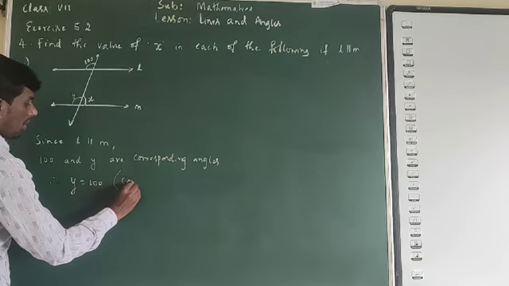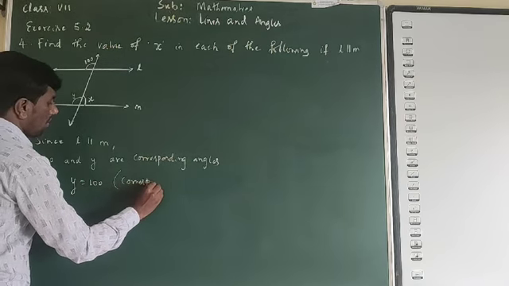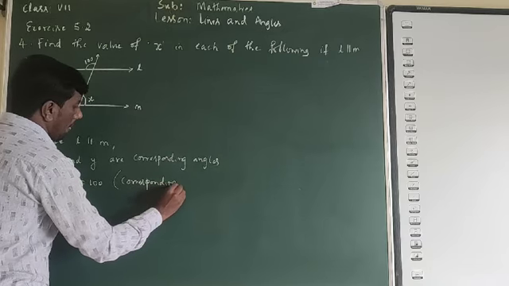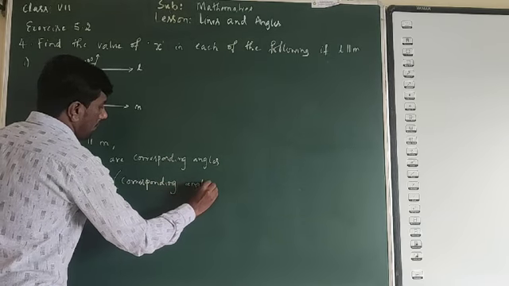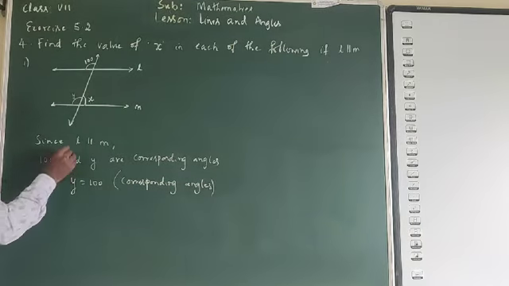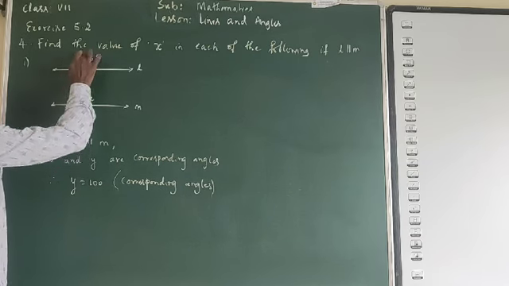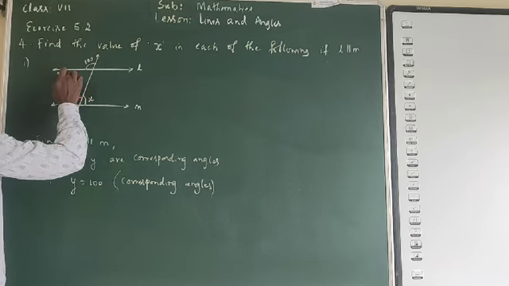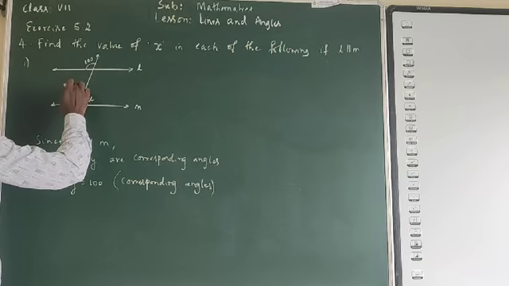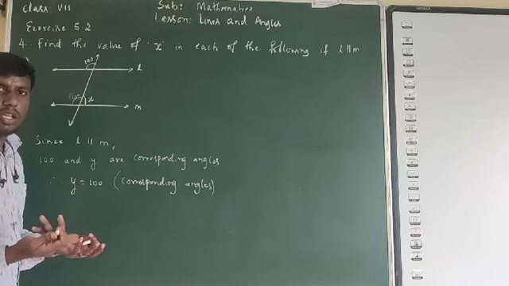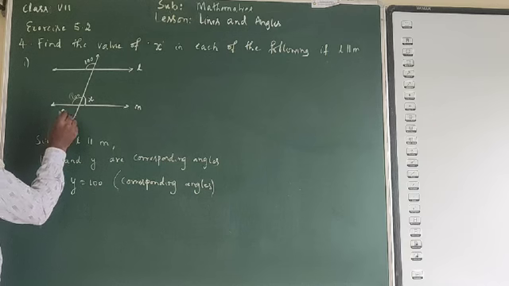The reason is corresponding angles are equal. That means this is 100. Since these two lines are parallel, these two corresponding angles must be equal, so this is also 100.